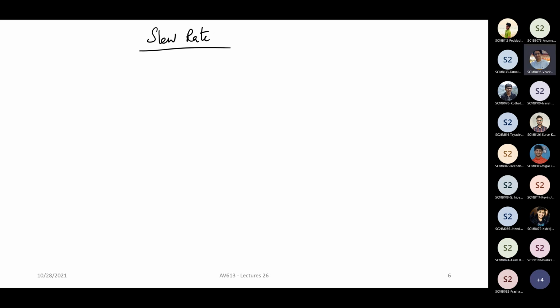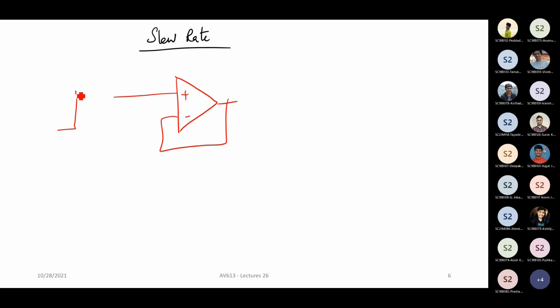Okay. So basically what happens is, let's say you take an op-amp and put it in unity gain feedback, and let's say you give a step input. Let's say you give a large step input. Before we go into the large step input, let us say you just give a smaller step input.